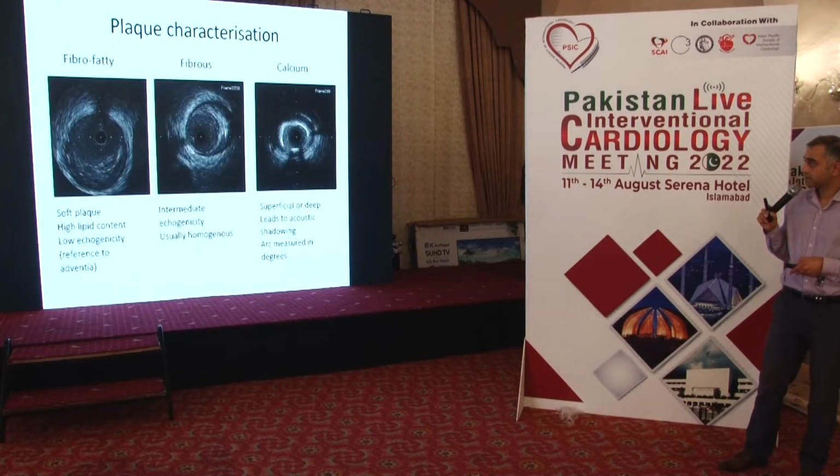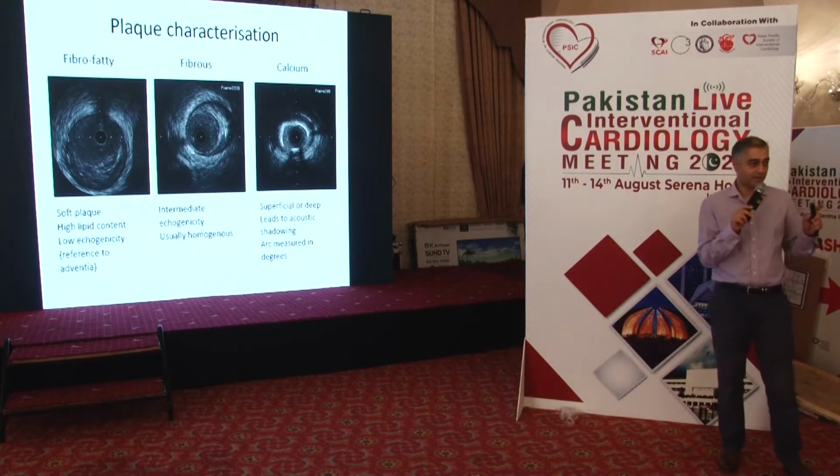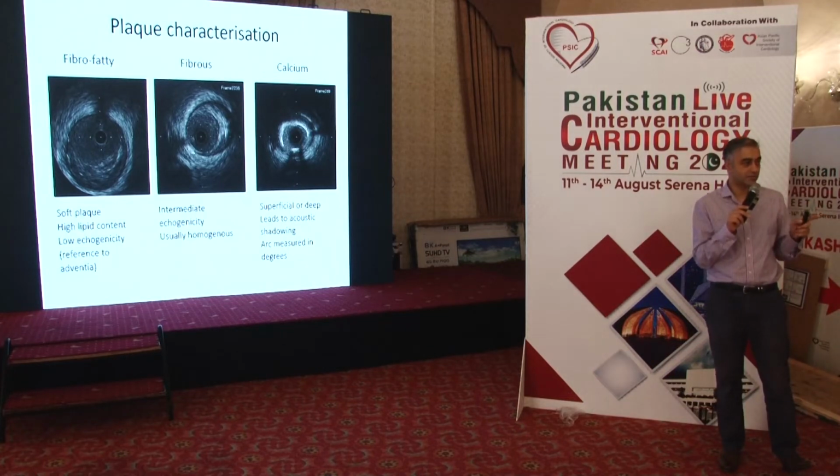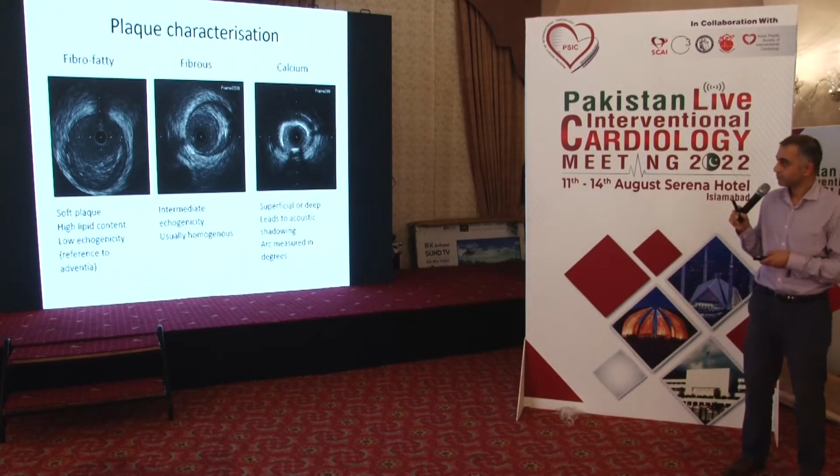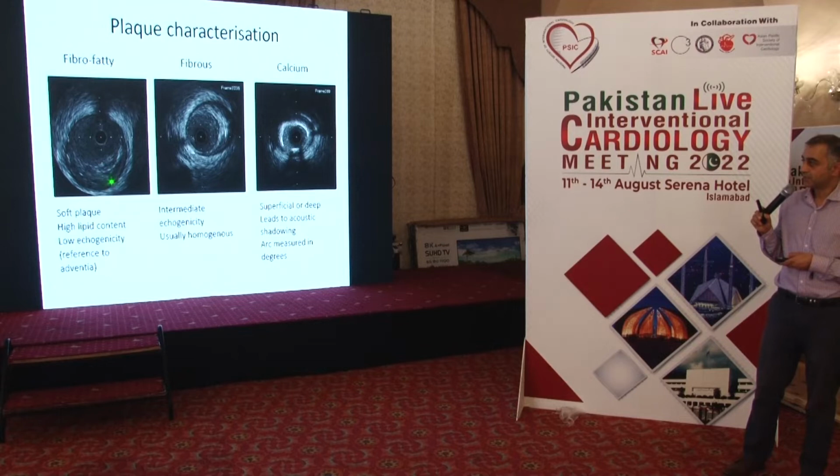Next slide, please. And then at that stage, you decide, okay, I've identified that there's disease here, and you make a judgment on the type of plaque that you have visible. Right? So on the left here, what we've got is what we would call soft plaque or fibrofatty plaque.